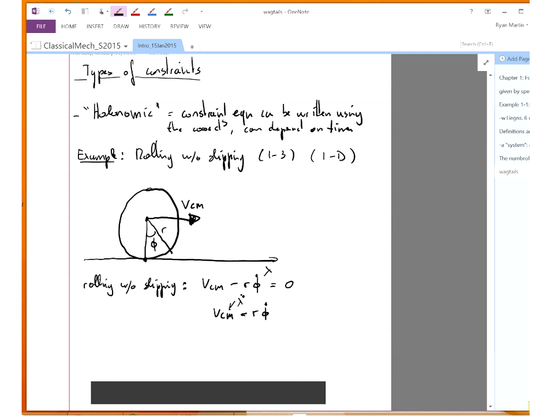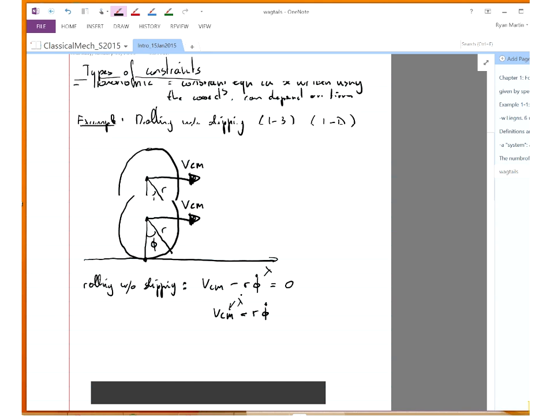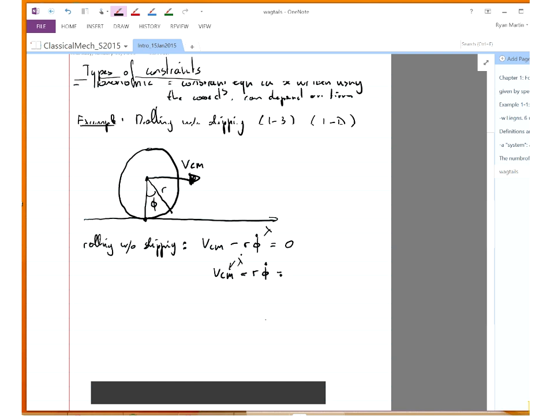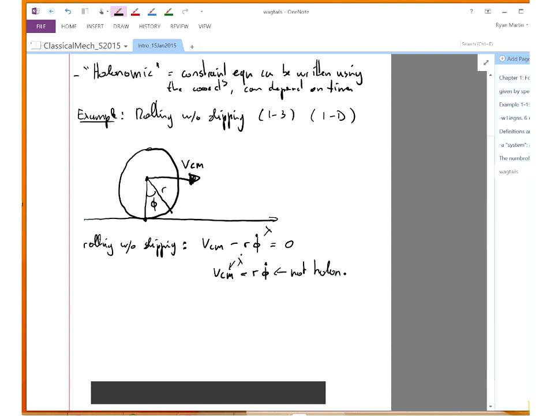So the constraint equation is actually an equation between the velocities, not between the coordinates. So it's not a holonomic constraint.